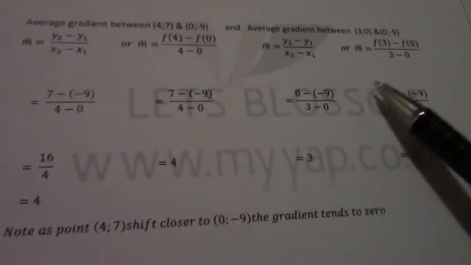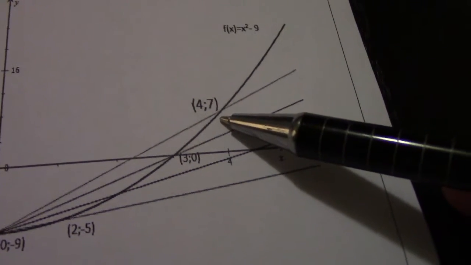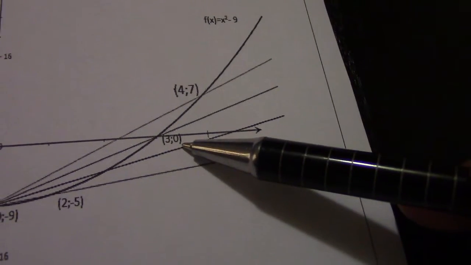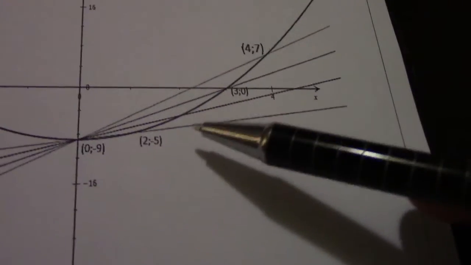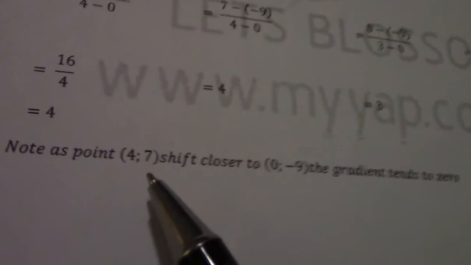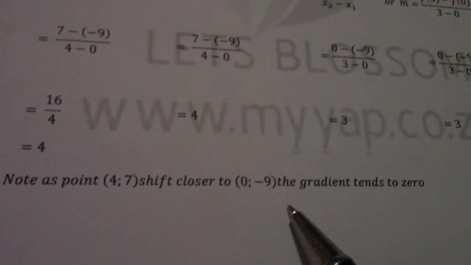So basically what you should note, at 4 and 7 my gradient was 4, at 3 and 0 my gradient was 3, and as I move closer towards this point, what is taking place? So as I move closer from 4 and 7 and shift closer to 0 and negative 9, the gradient tends to 0, meaning the gradient will eventually go down till gradient equals 0.